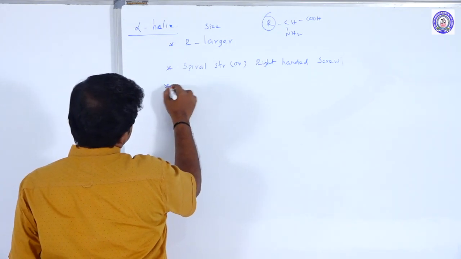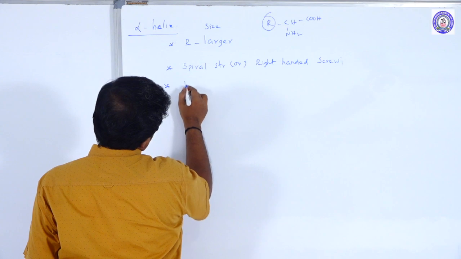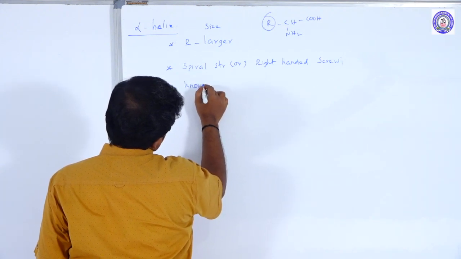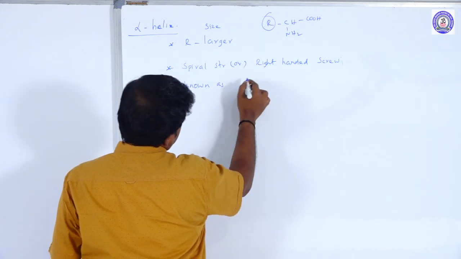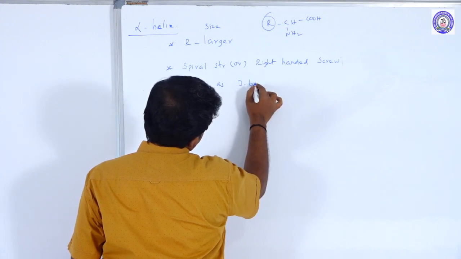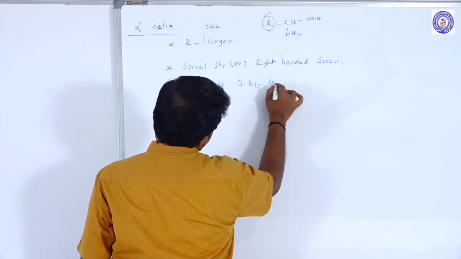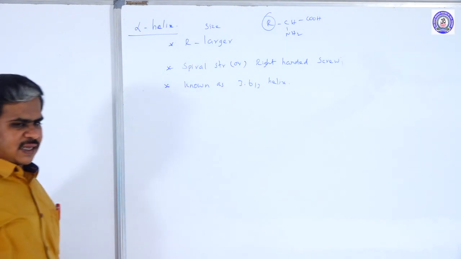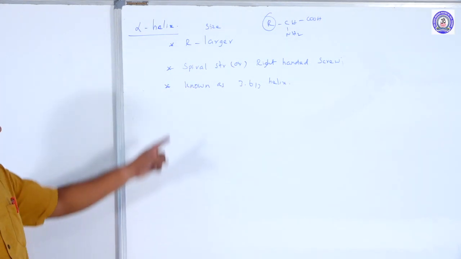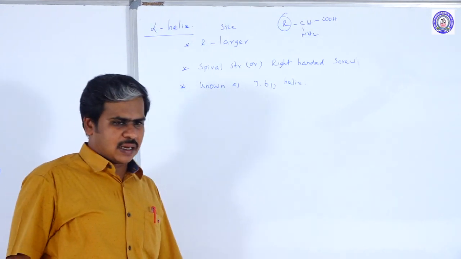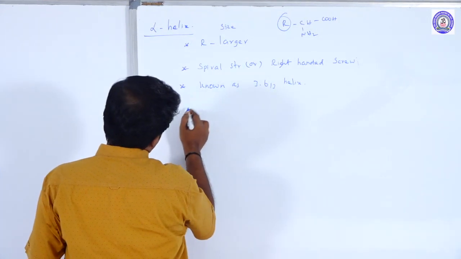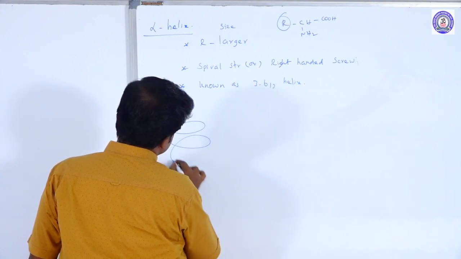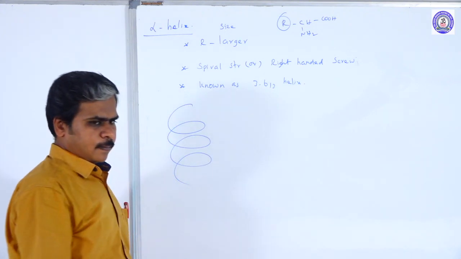This alpha helix structure is otherwise known as the 3.6 13 helix. What is the meaning of 3.6 13 helix? Here it is coiled like this, a right-handed coil.